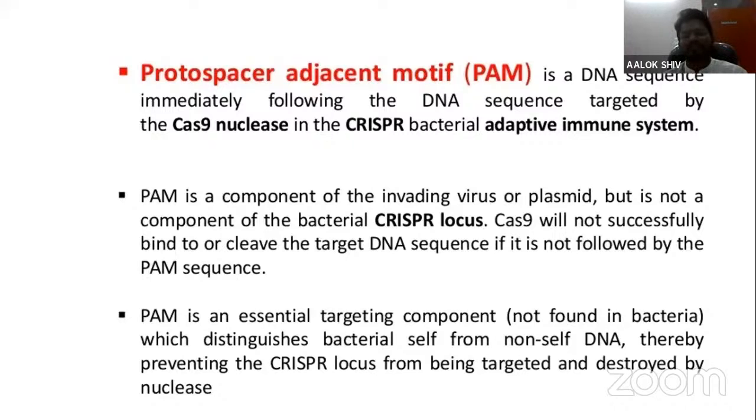Only if that sequence is present in the virus will the Cas9 protein cut, and it is only present in the virus, not in the bacterial system. That's why even though there is homology between the bacterial system and the viral system, the Cas9 is not going to cut the bacterial DNA sequence. Okay, so this is important here.